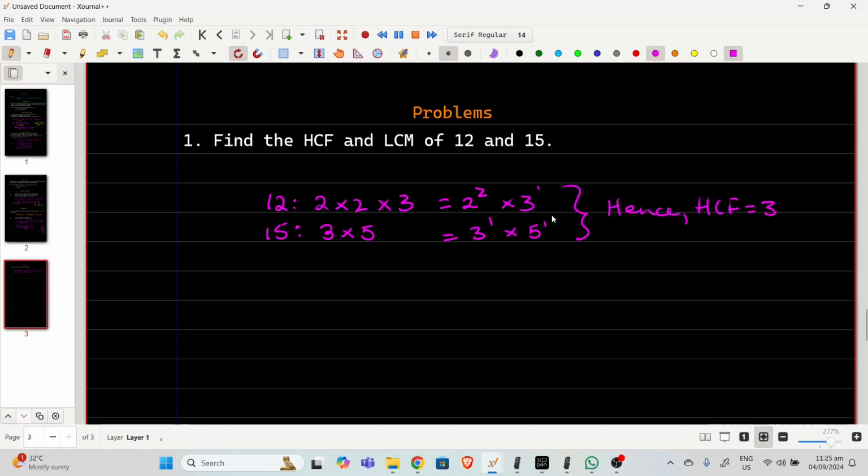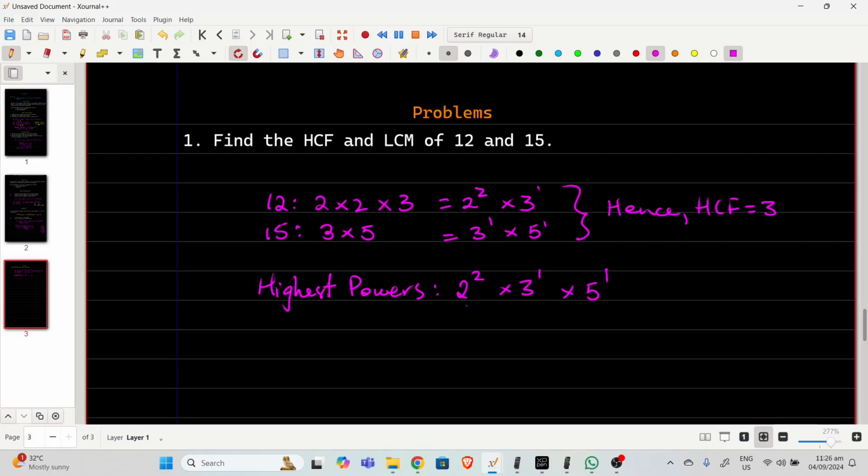And then let's do the LCM. We can get it by taking the highest powers of everything, not just what's in common, and then multiplying them together. The highest powers are 2 to the second power, 3 to the first power, and 5 to the first power.